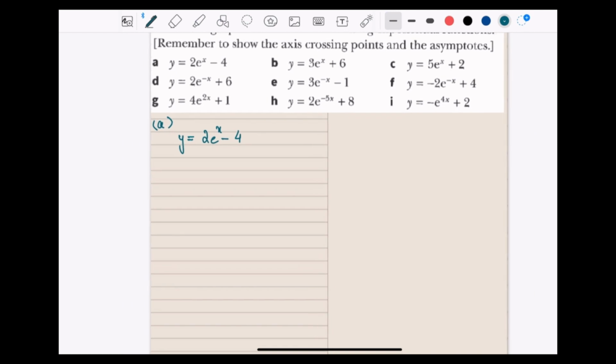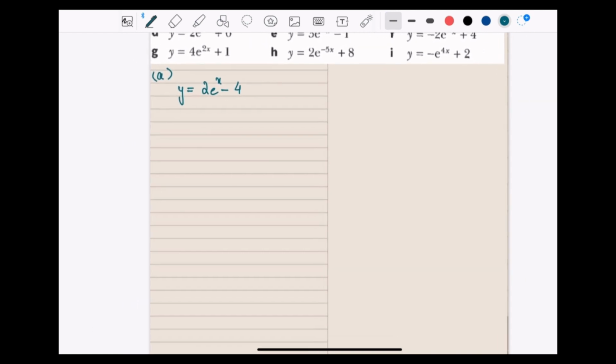I'll take this stepwise. First, the parent function is e to the power of x, and if I draw this, it will look like this, and (0, 1) is the point it passes through on the y-axis.